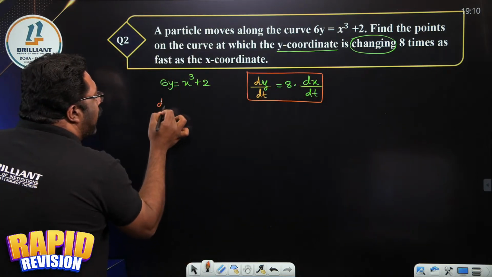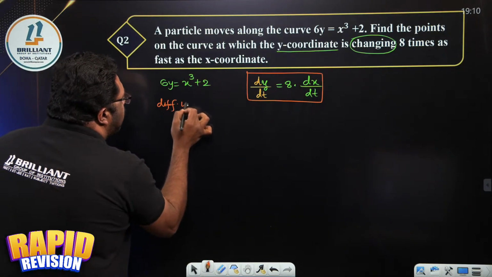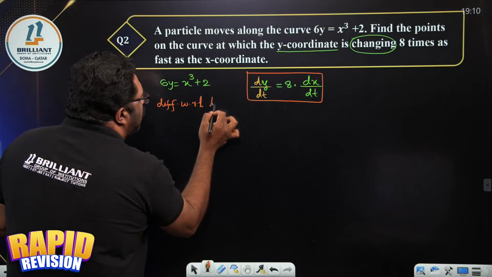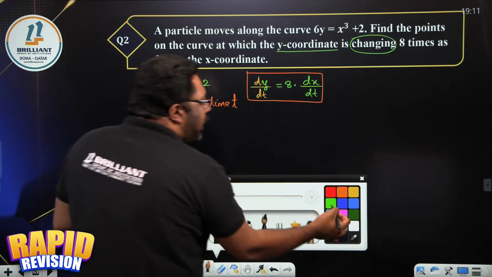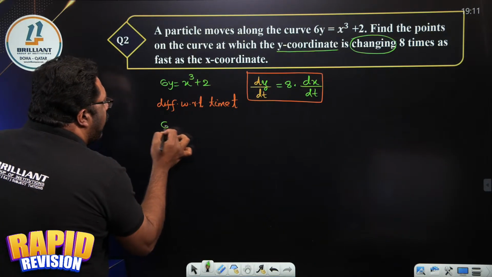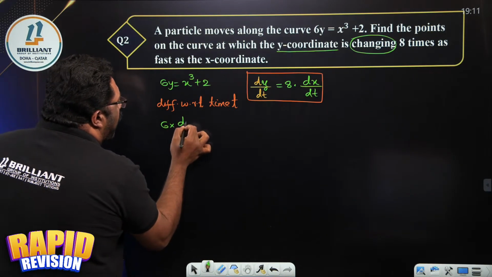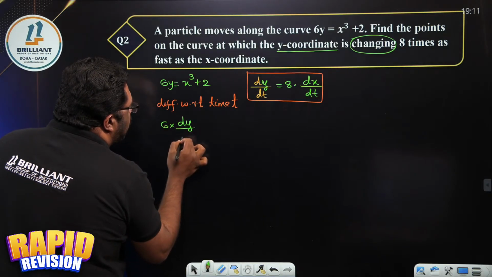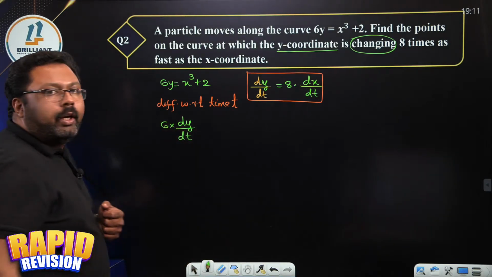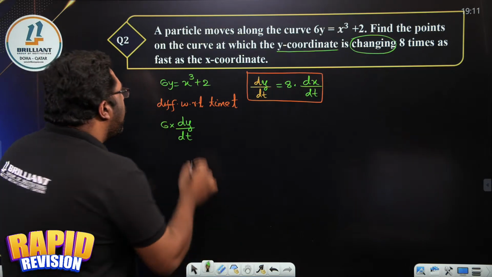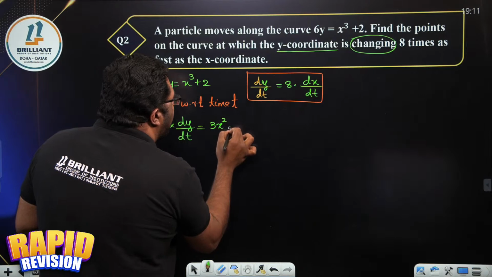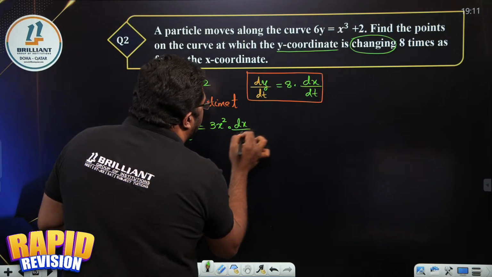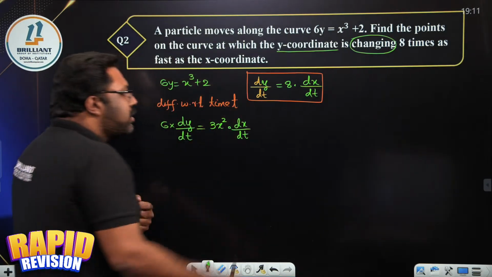Do the derivative here. Differentiate with respect to time t. What happens if you differentiate 6y? What's the derivative of y with respect to time t? 6 dy by dt equal to derivative of x raised to 3, 3x squared, and don't forget dx by dt.